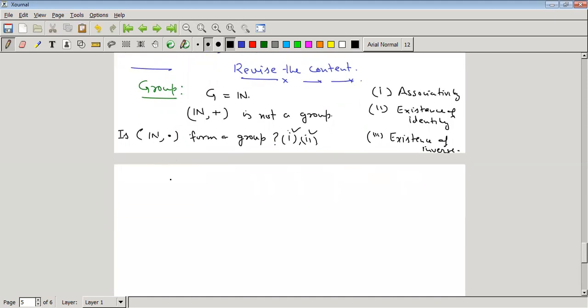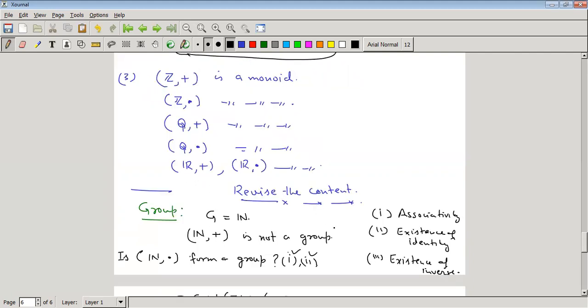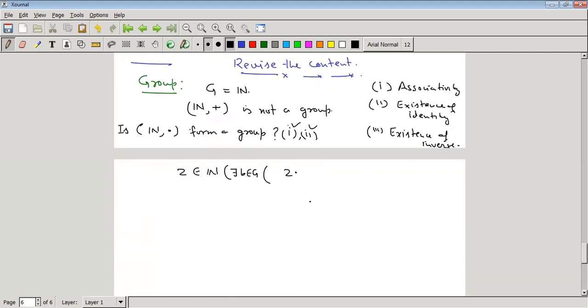So if I give you any element, 2 belongs to the natural numbers. Can you find a number such that there exists B belongs to G such that 2 into B equals 1?